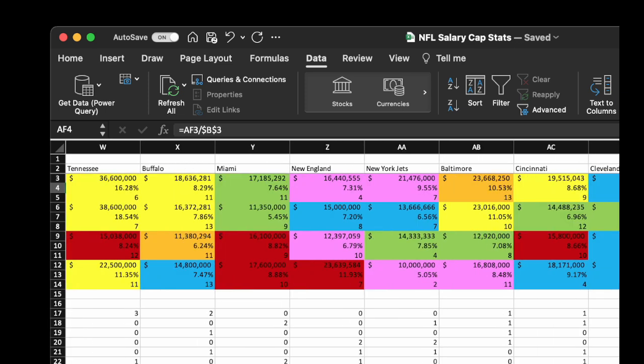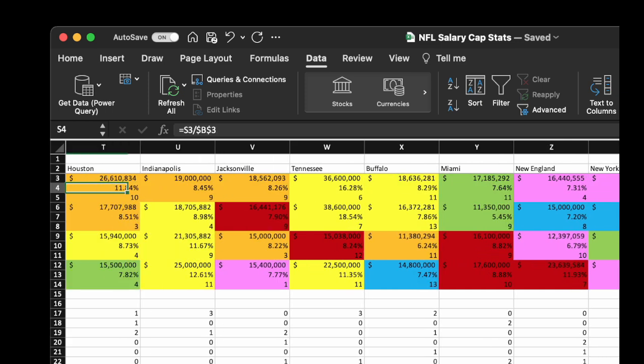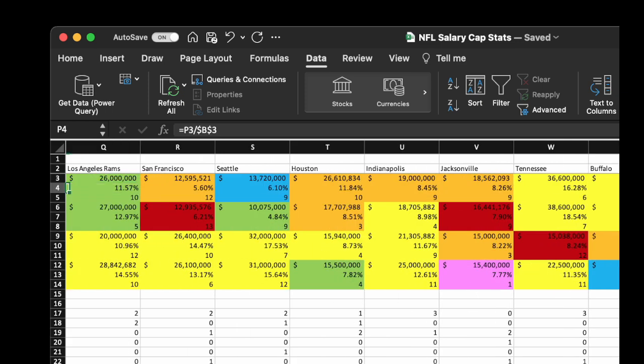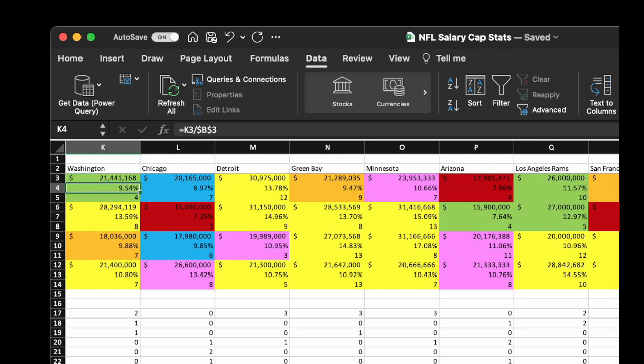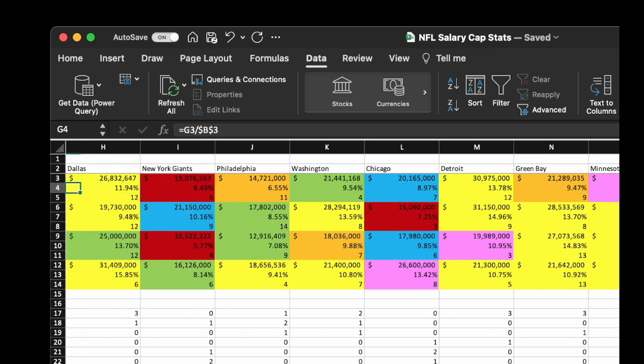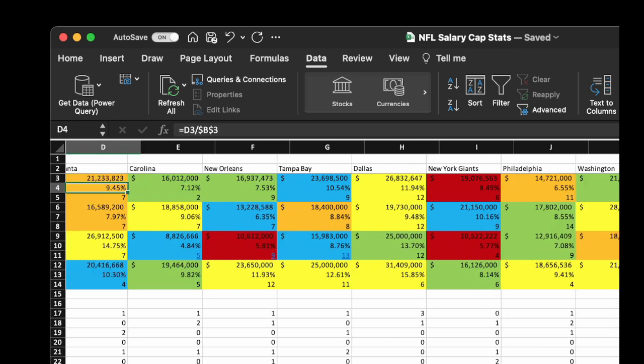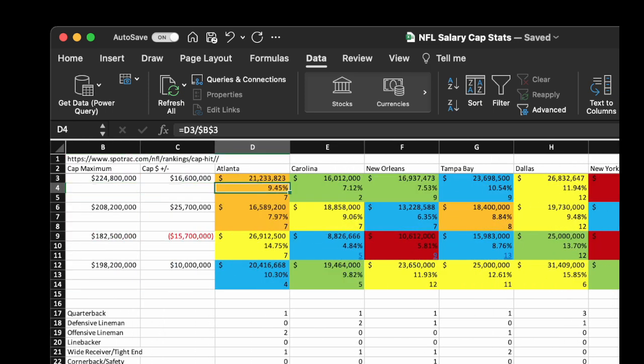Yeah, 16.52, so Tennessee was close. Anyone higher than 16.52? Scrolling along here. Nope. So Kansas City had the highest, 16.52. They made the playoffs.